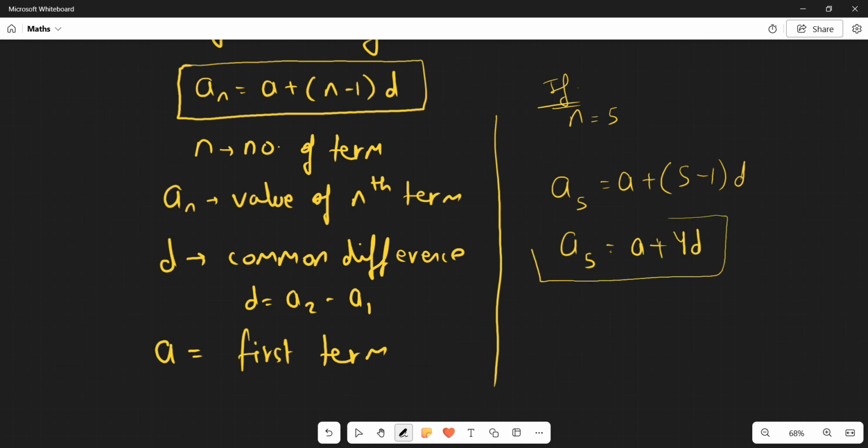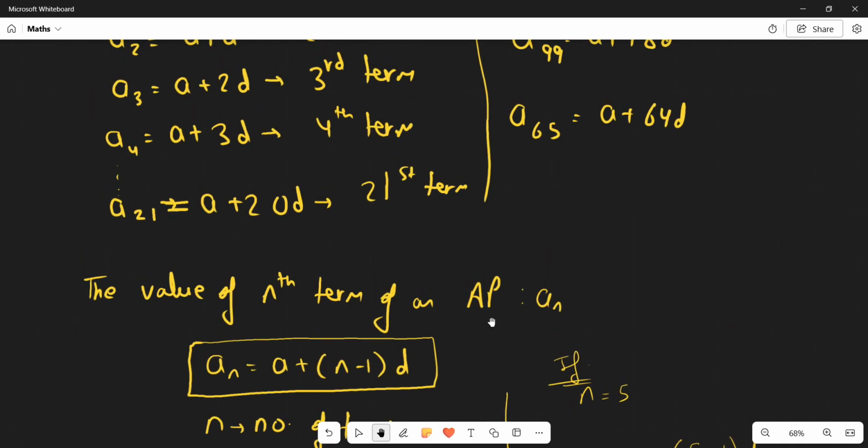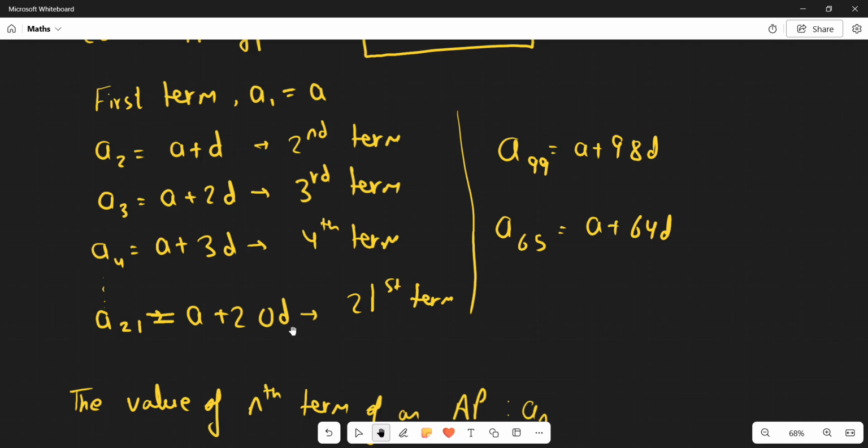Whichever term I'm calculating, I'm just putting the predecessor of that number along with d. Again, have a look at the sequence that I formed. a2 equals a plus d, or a plus 1d. What about a3? a3 equals a plus 2d.